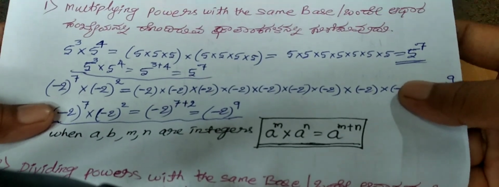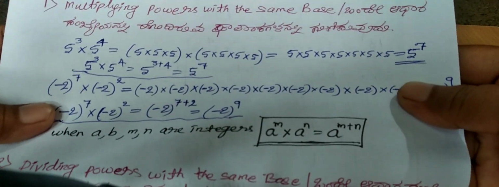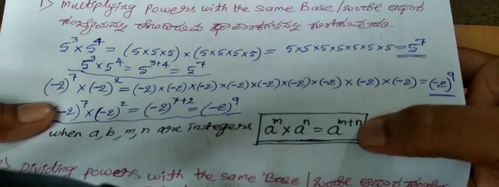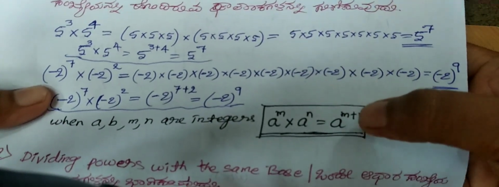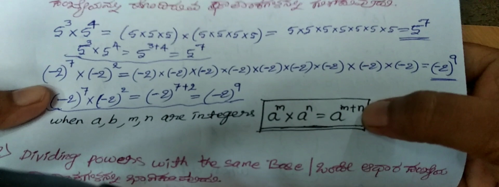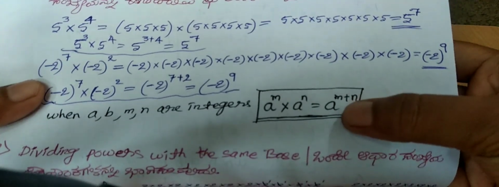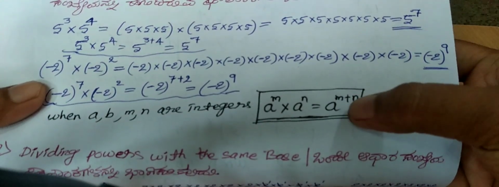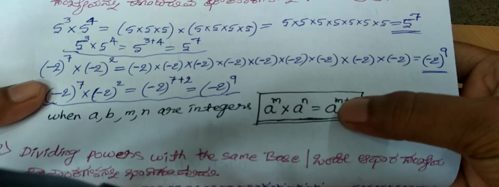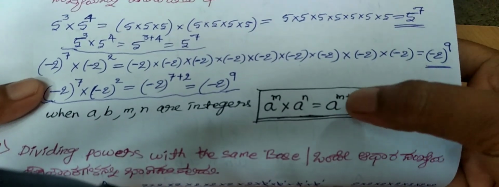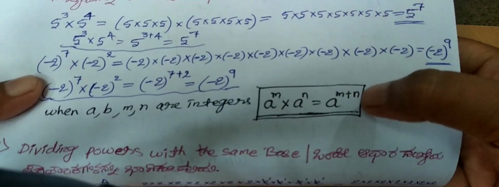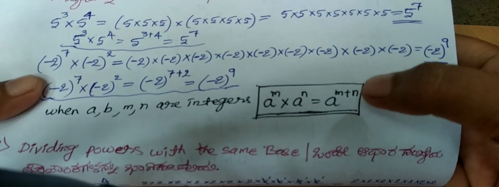When same base different exponent numbers are multiplied, the answer can be derived as sum of the exponents with same base. a to the power m into a to the power n is equals to a to the power m plus n.